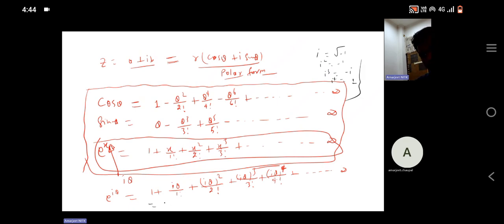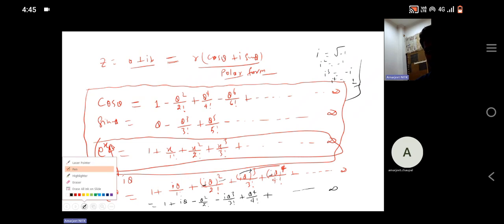So this is equal to 1 plus iota theta, iota square will be equal to minus 1, so minus theta square by 2 factorial, iota cube will be equal to minus iota, so minus iota theta cube by 3 factorial, iota 4 will be equal to 1, so theta 4 by 4 factorial plus up to infinity.